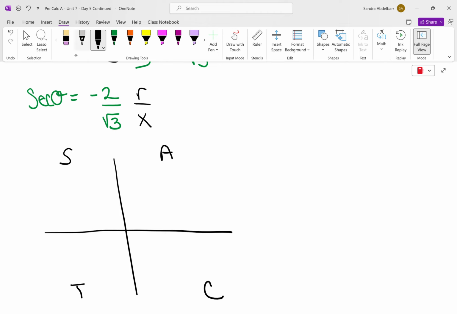So we know secant and cosine have the same signs. Because the secant is negative, that means we're going where cosine is negative. Well, if cosine is positive in quadrant 1 and quadrant 4, that means it's negative in quadrant 2 and quadrant 3. So we have to create these two triangles, one in quadrant 2, one in quadrant 3.